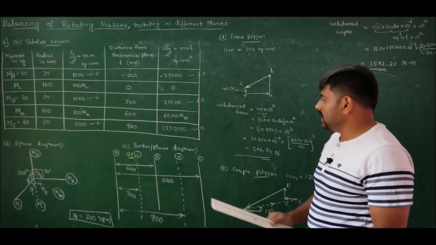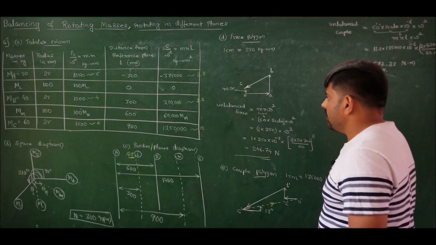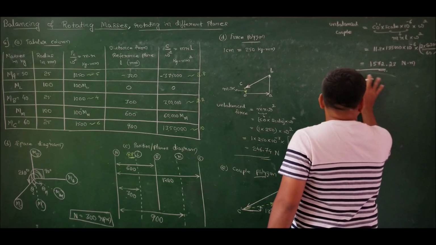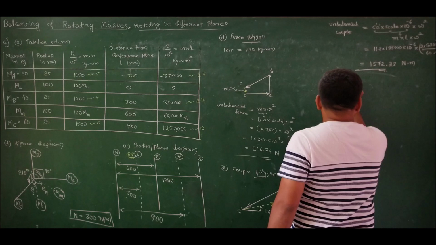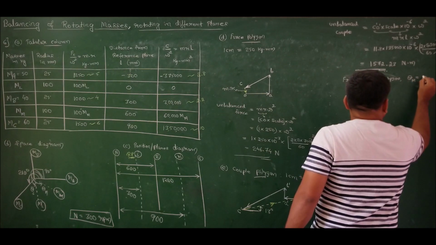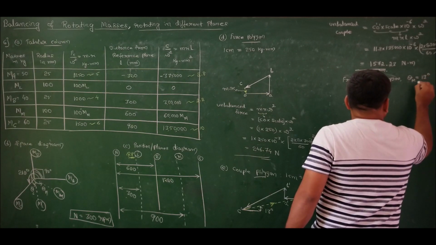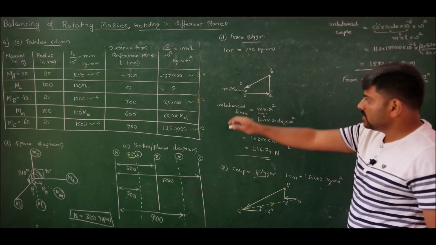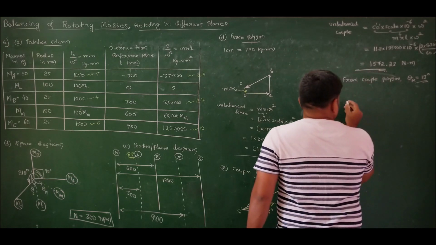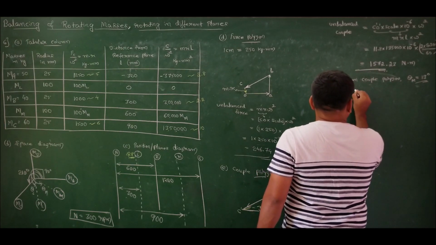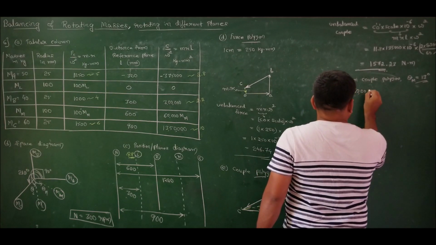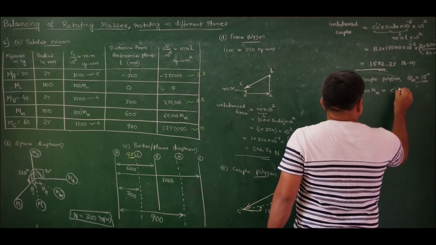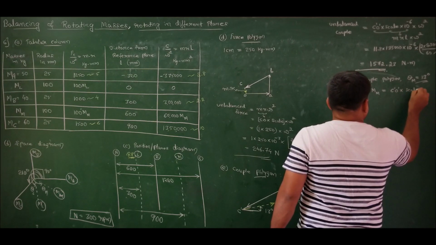So I can calculate from the couple polygon itself the answer for MM and theta M. From the couple polygon, theta M is 13 degrees, and this closing side should be equal to 60,000 MM, which must equal C dash O dash into scale.